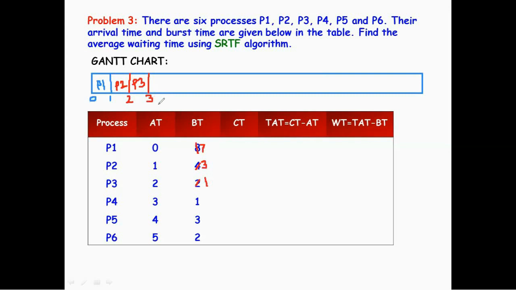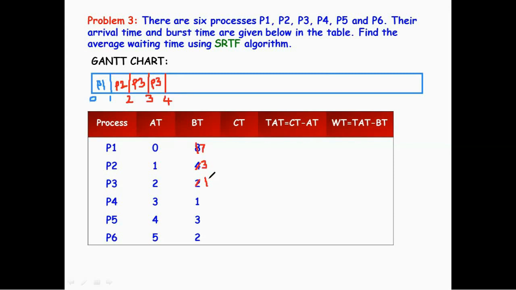At time 3, P4 has arrived with a burst time 1. That is, if both CPU burst times are equal, then scheduling is done on their arrival times. So, P3 gets scheduled now. From 3 to 4, P3 again gets scheduled.